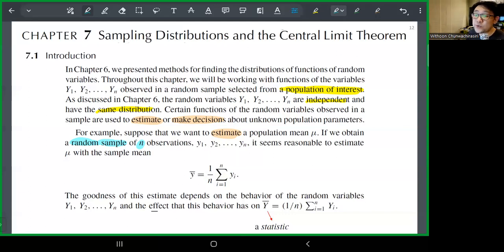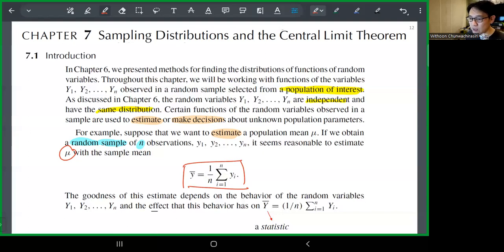It seems reasonable to estimate the mean of the population, which is mu here, using the Greek letter to represent the population's parameter, with the sample mean. We have used this since high school statistics.